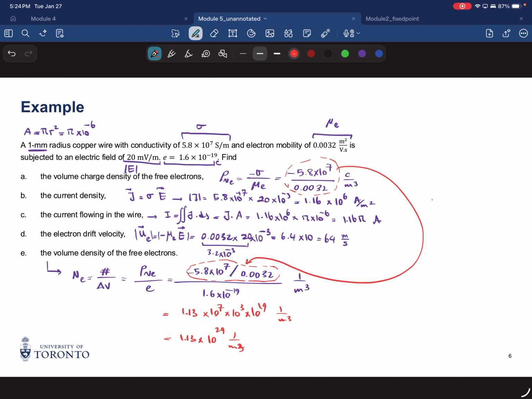That's what it means. So it's just better to change the unit volume to perhaps micrometer to the power of 3, so that it would make sense: every micrometer by micrometer by micrometer of that copper, how many electrons we have. Any questions?